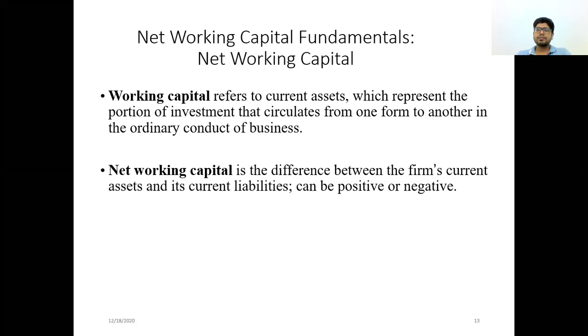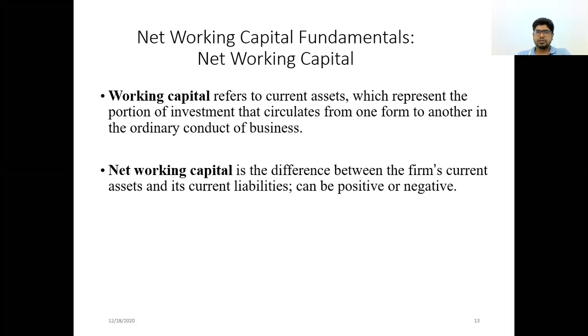So working capital refers to the current assets, which represent the portion of investment that circulates from one form to another in the ordinary context of business. It means the day-to-day business activities. And net working capital is the difference between the firm's current assets and its current liabilities.